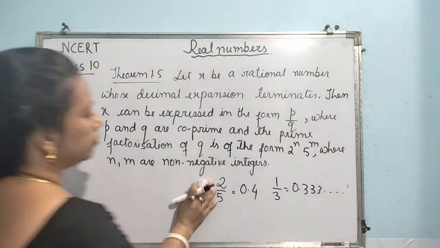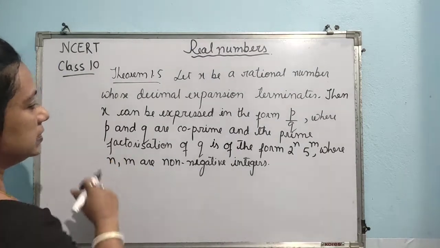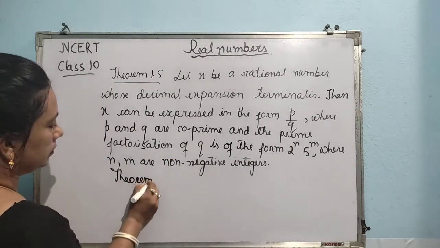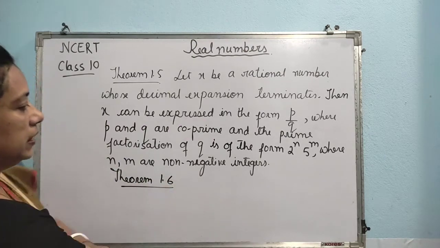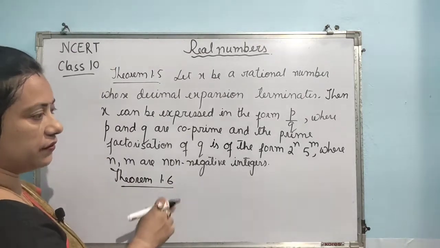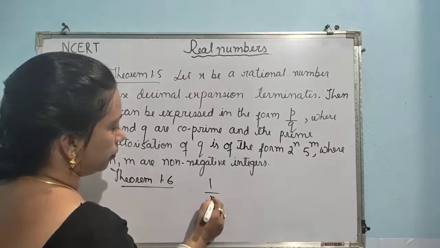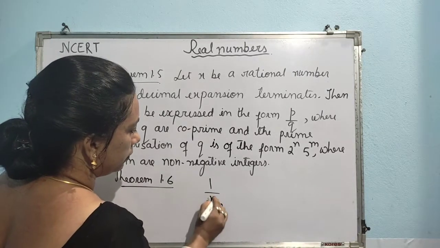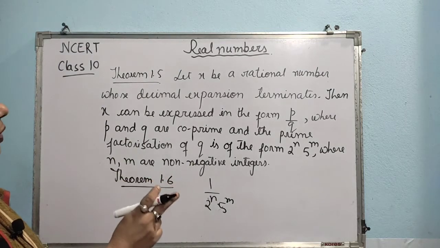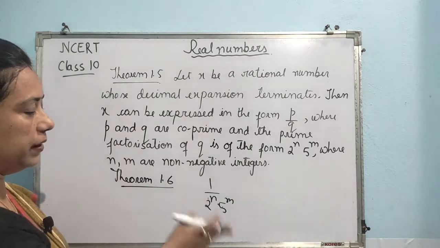Now in theorem 1.6, what they are telling is just the reverse of this one. Suppose we have a rational number whose denominator q is in the form 2 to the power of n, 5 to the power of m. Then definitely the decimal expansion of that number will be terminating.